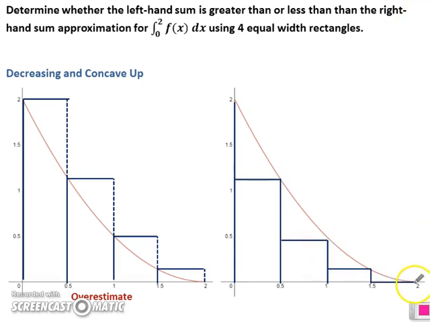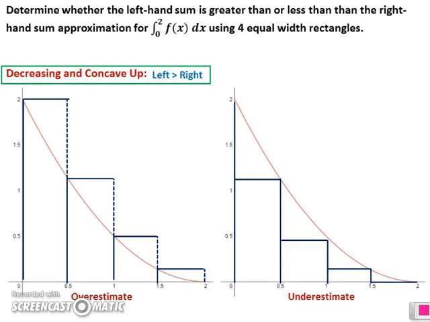So we draw our line from 2 and everyone after that, but not at 0, because again, if we use 0, it would go beyond our 4 rectangles and beyond the scope of 0 to 2. Okay, so this one is another underestimate. So now decreasing, the left was greater than the right. So when they were increasing, the right-hand sum was greater. When they were decreasing, the left-hand sum was greater.